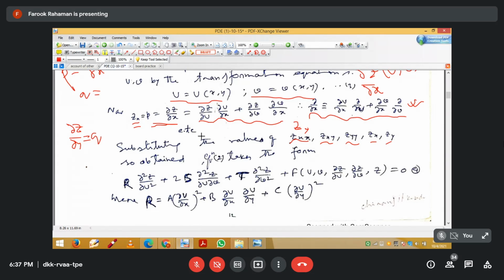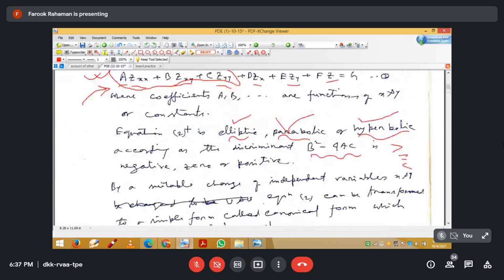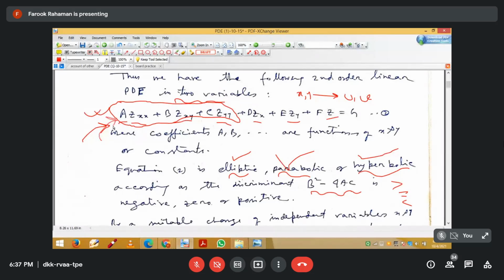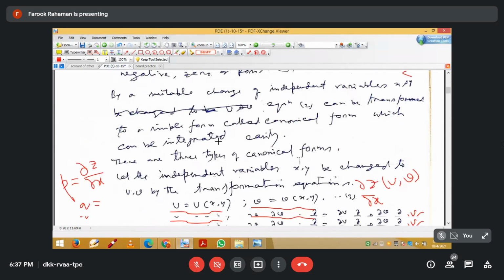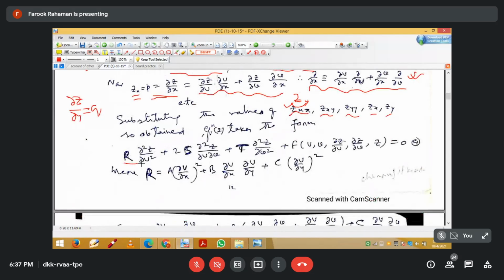Using all of this, if we put it in this equation, then this equation transforms to this form: R times the second partial derivative with respect to u, S times the mixed derivative, T times the second partial derivative with respect to v, and the remaining terms we just call F. We write just the second order terms, and all the remaining terms, that is first order terms in u, v, and z, we call F.